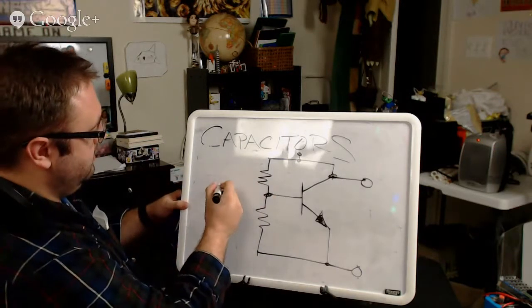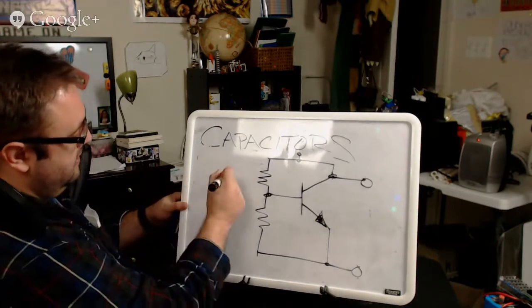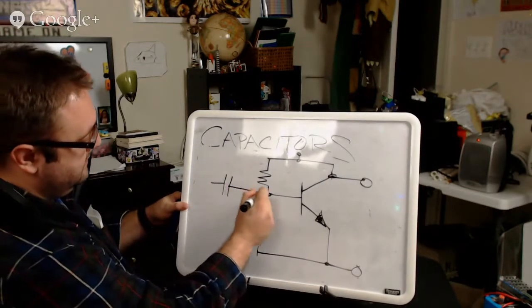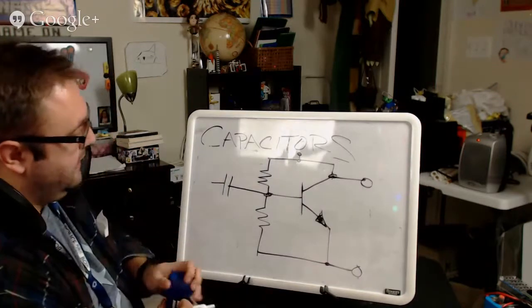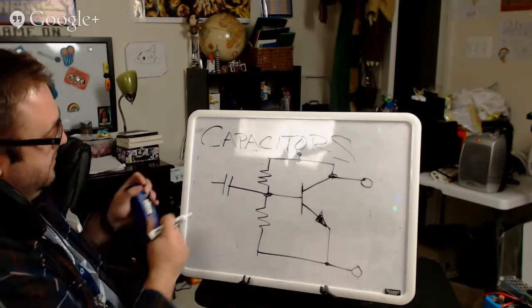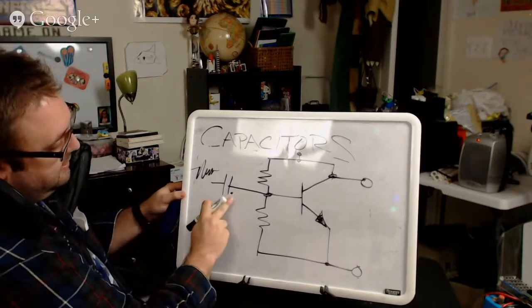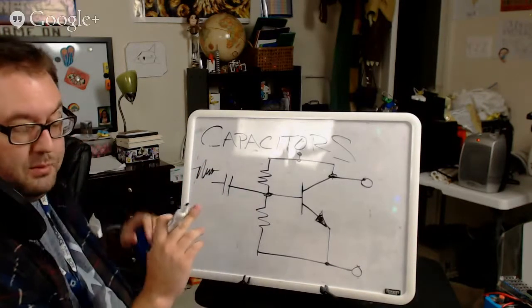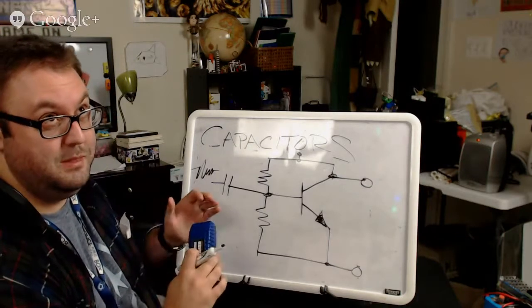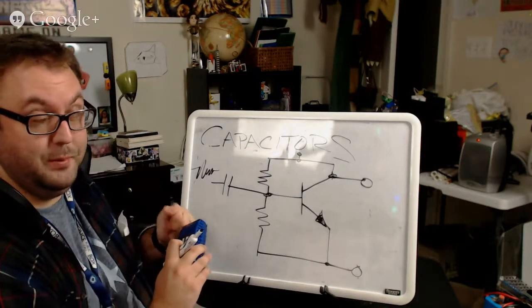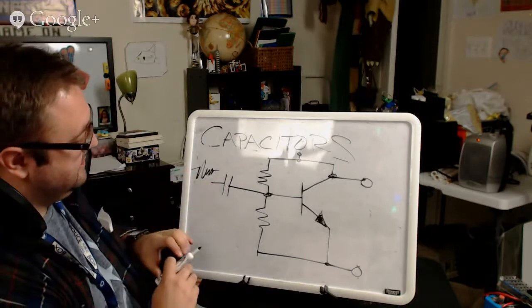So what we do is take another capacitor, and now we have our audio signal coming in. You might say, wait, you told me current doesn't flow through a capacitor. Well, it doesn't flow through the capacitor.